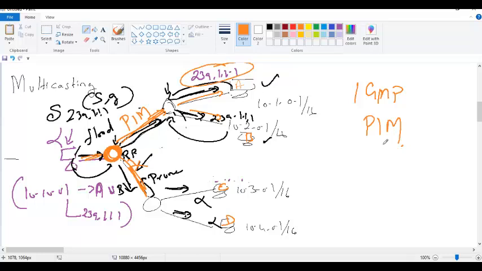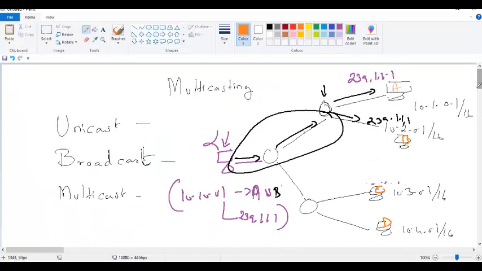Right, so what have we learned? Sending to a group needs a group ID called a multicast address. To join a group, we need the protocol IGMP.